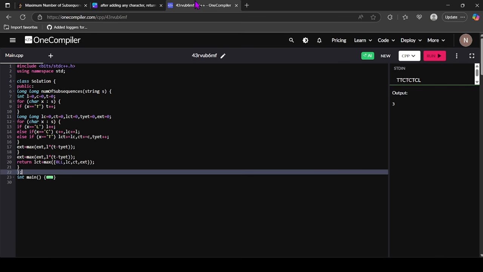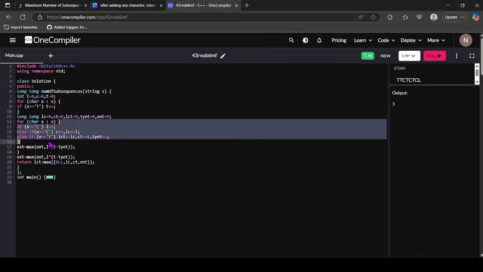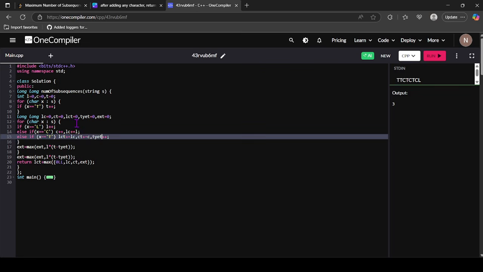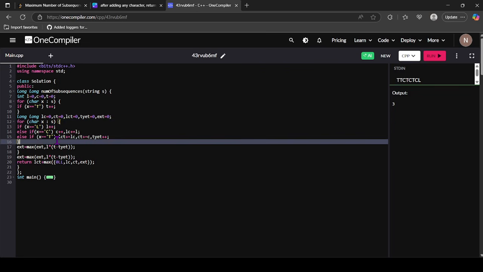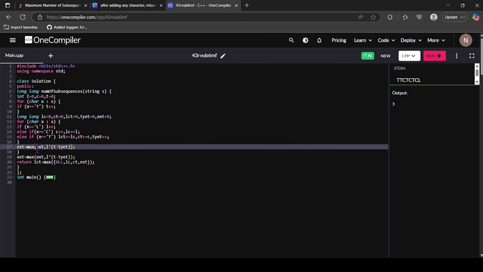So let's check the code. We are simply initializing LCT to 0 and counting all T's, and then we are traversing the whole string. If it is L we increment L, if it is C we update this, if T then this. After doing all this, what is the extra part we are able to get? It is simply L into (total T minus T so far).